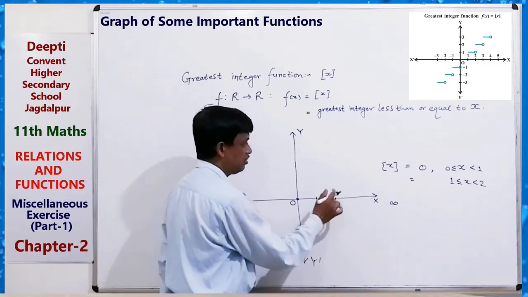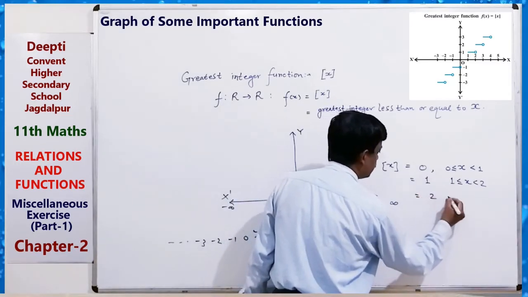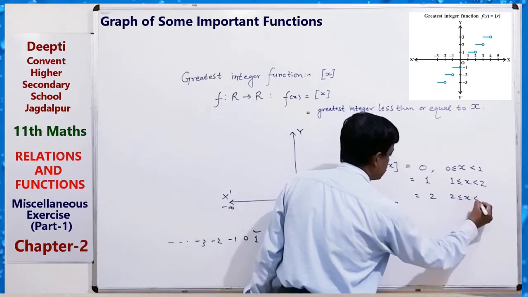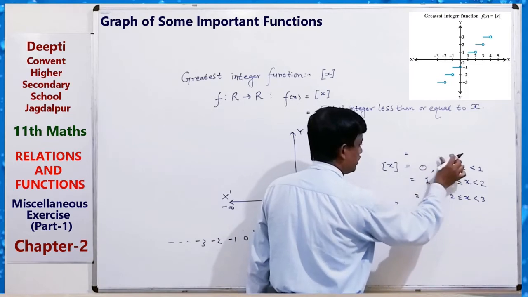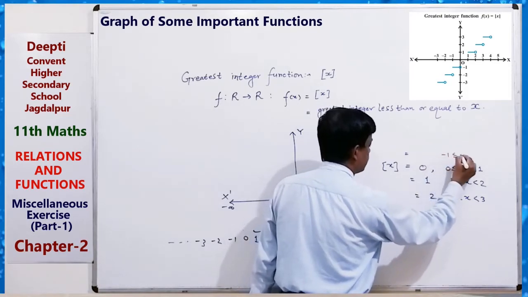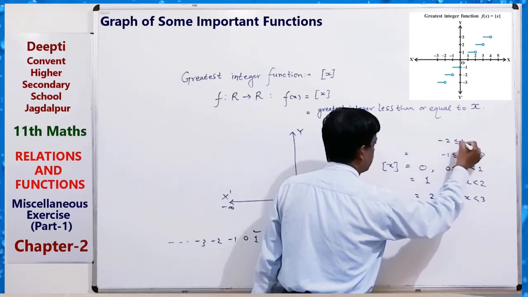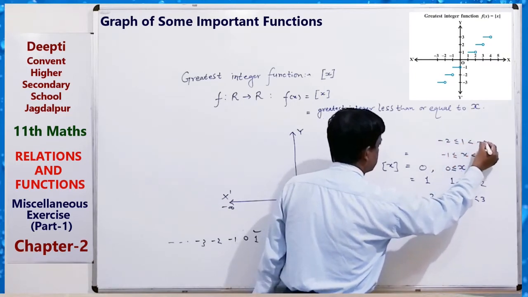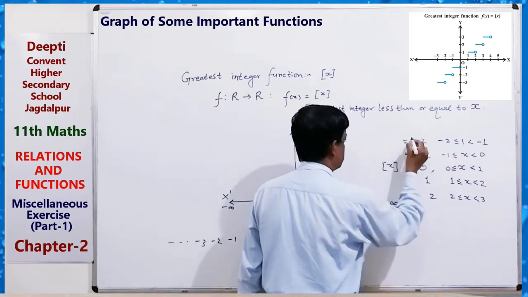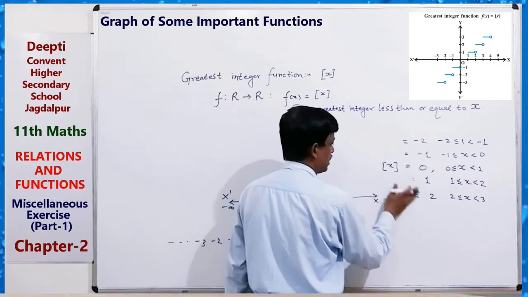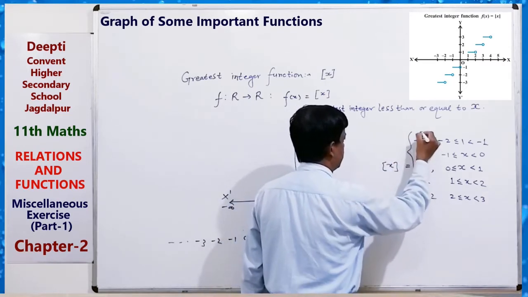So in this interval the value is 1. Similarly, 2 is less than or equal to x less than 3, and here also we can write -1 less than or equal to x less than 0, the value is -1, then -2. So this type of values we can get.